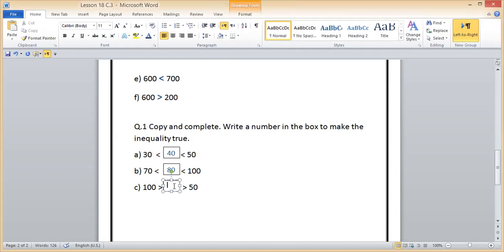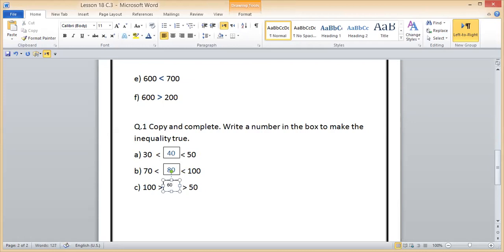Now you have to write the number here, which should be less than 100 and greater than 50. So this is the same, guys. You have to find the number which comes between 50 and 100. If I write 51 here, 51 is greater than 50, yes, and less than 100, yes.